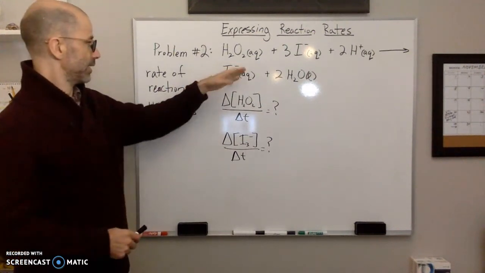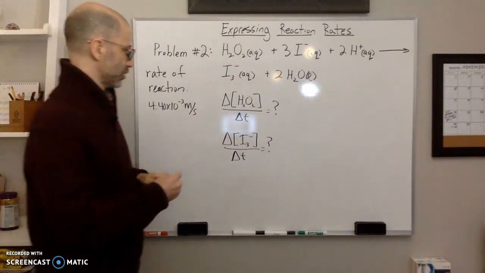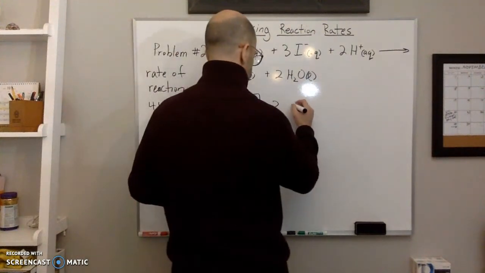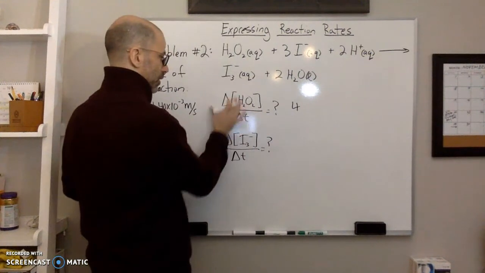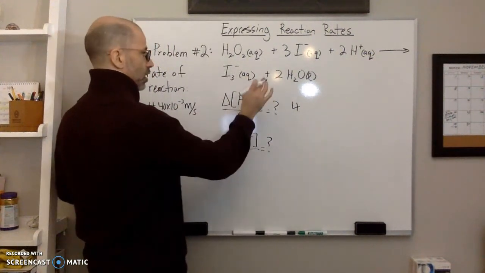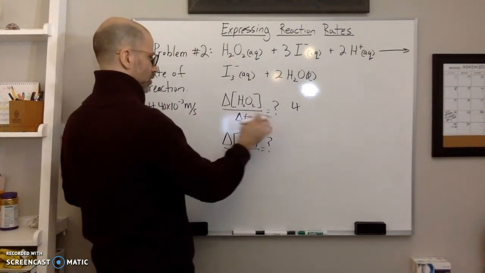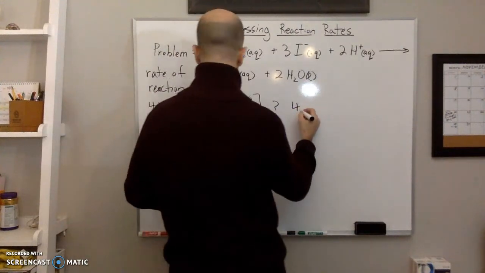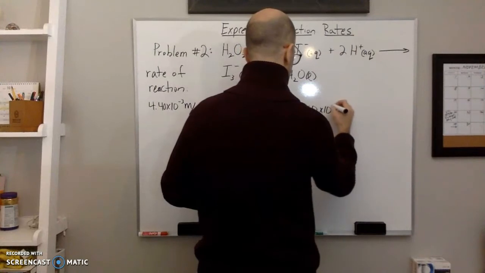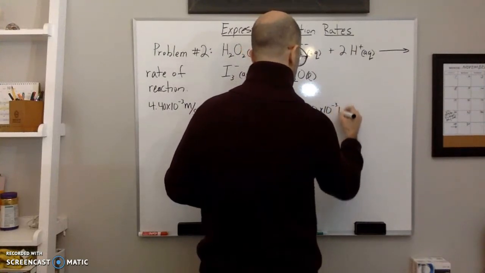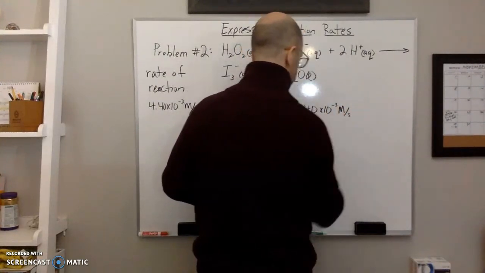So we can, again, take the rate of the reaction and set it equal to the same expression using the coefficients. So the rate of the reaction is 4.40 times 10 to the negative third molar per second.